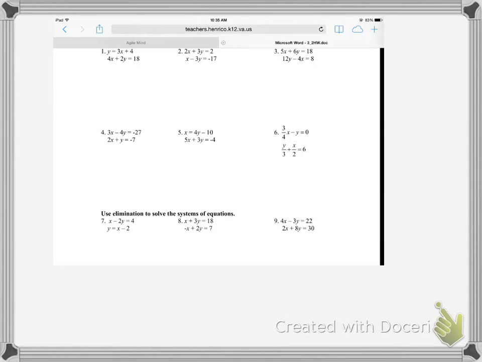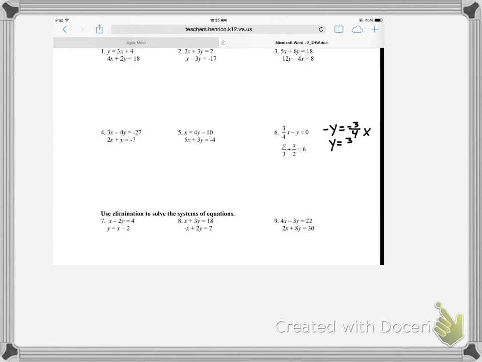All right, so on this example, again, our steps are the same. Get one of the variables by itself. Which one's easiest to do that with? The top one. Why the top one? Because you can just subtract 3/4 x. So subtract 3/4 x. So what's positive y equal to?